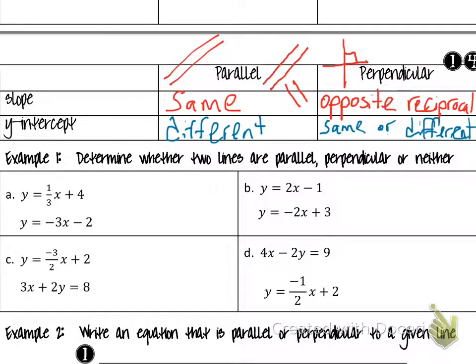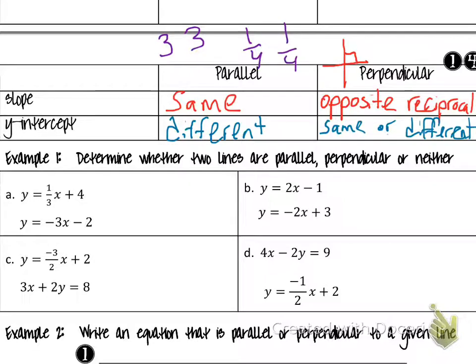So let's go over some examples. Parallel slopes, they have the same slope. Example, if one has a slope of 3, the other has a slope of 3. If one has a slope of 1 over 4, the other one has a slope of 1 over 4.